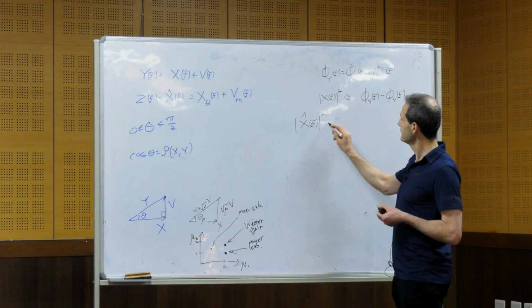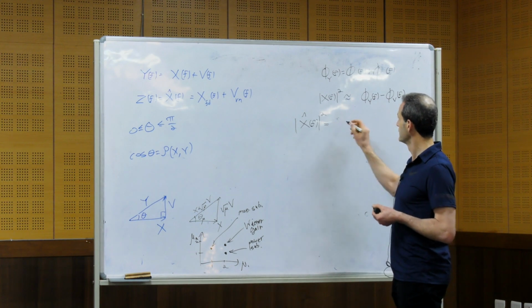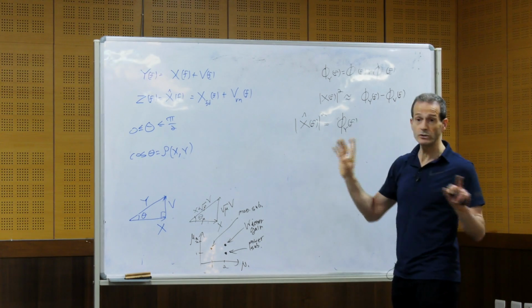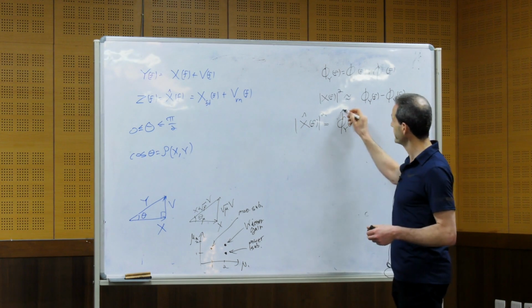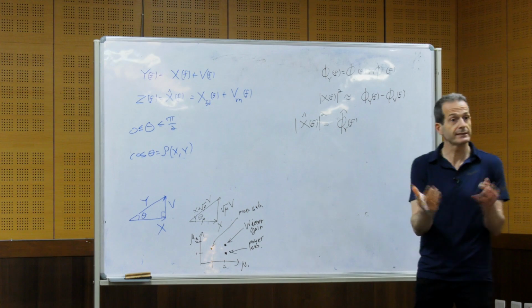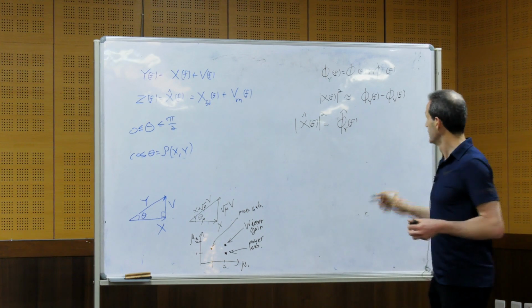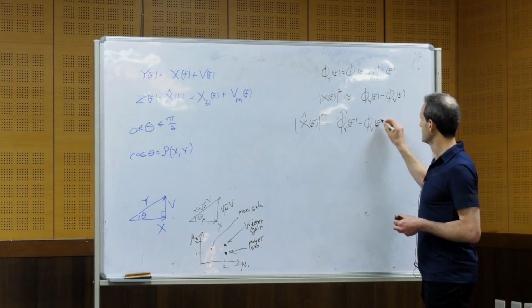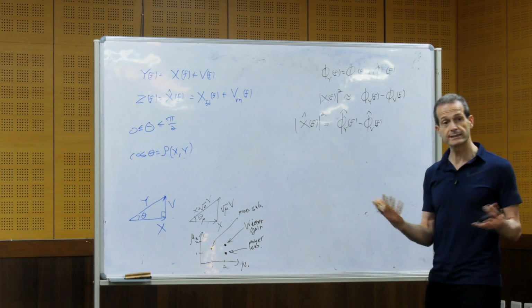It will be phi_y,f hat, which we don't know, so I put hat here because we estimate it based on the measurement, minus phi_v hat, which we also estimate from measurement.